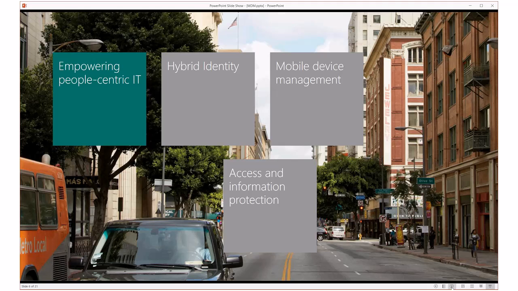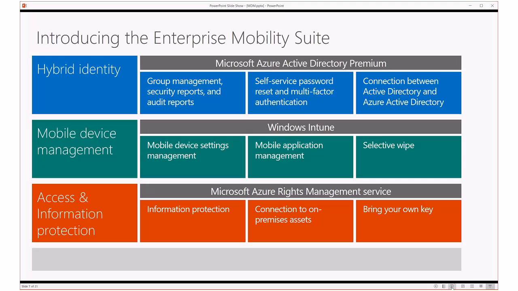So Microsoft bundled three products into a suite of products, the EMS suite. This suite of products encompasses utilizing those three pillars, right? So identity, mobile device, and information management. The identity part is all centered around Azure Active Directory Premium. That's the specific product. Mobile devices around Windows Intune, and access to information protections under Rights Management.